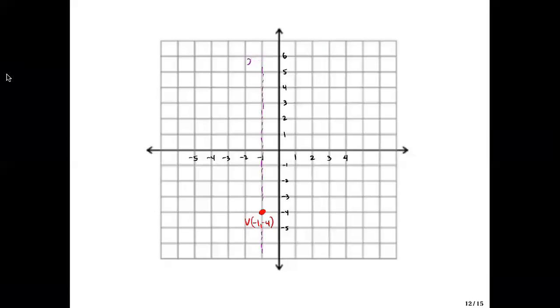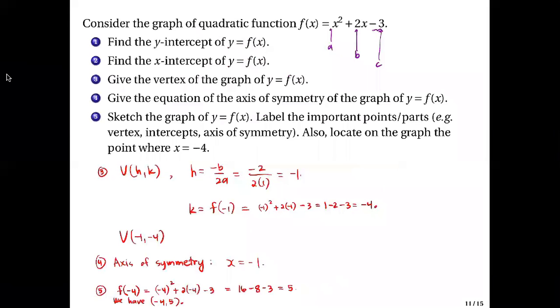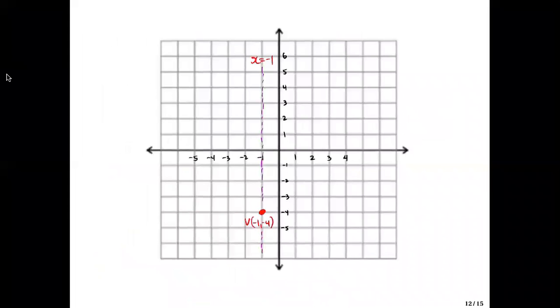Let me use red ink there. So we have the vertex and the axis of symmetry. Let's get this point here, negative 4, comma 5, since we will have to locate that also. It will be at this point here. Okay, so this is negative 4, comma 5.